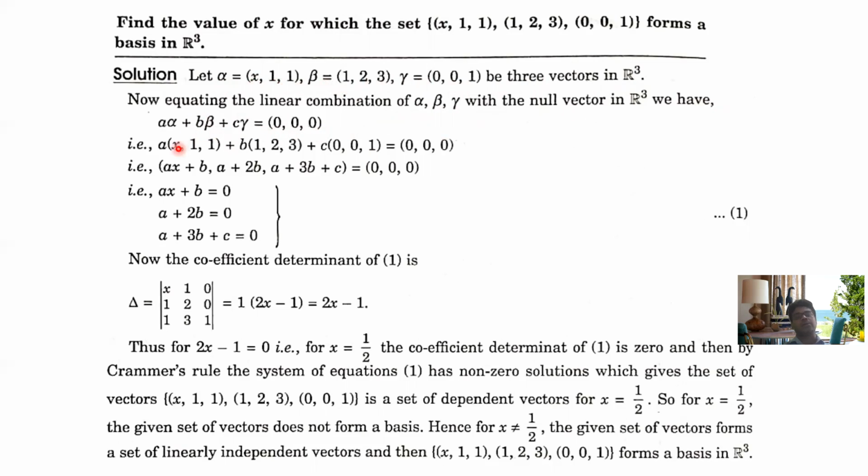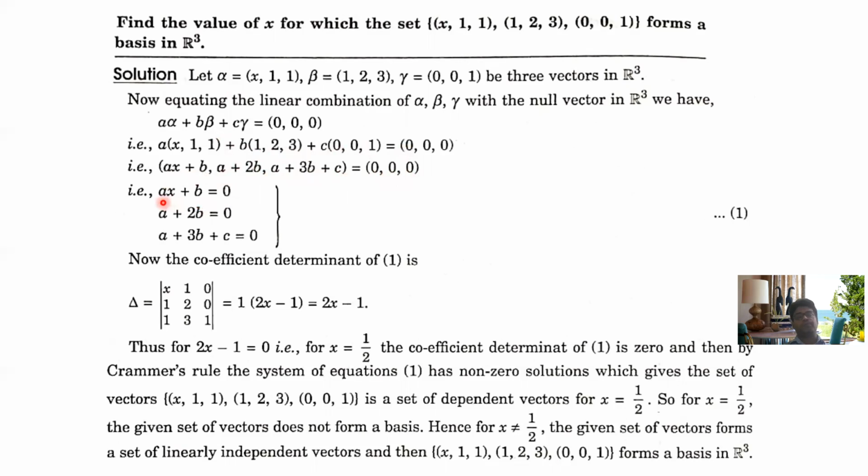So now we can write A alpha, that is x 1 1, B beta, that is 1 2 3, and C gamma, that is 0 0 1. After simplification, what do we get? Ax plus B, A plus 2B, A plus 3B plus C equal to 0 0 0.